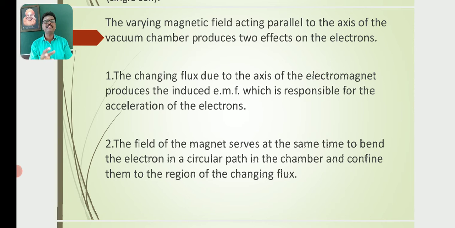Second, the field of the magnet serves at the same time to bend the electrons in a circular path in the chamber and confine them to the region of the changing flux.